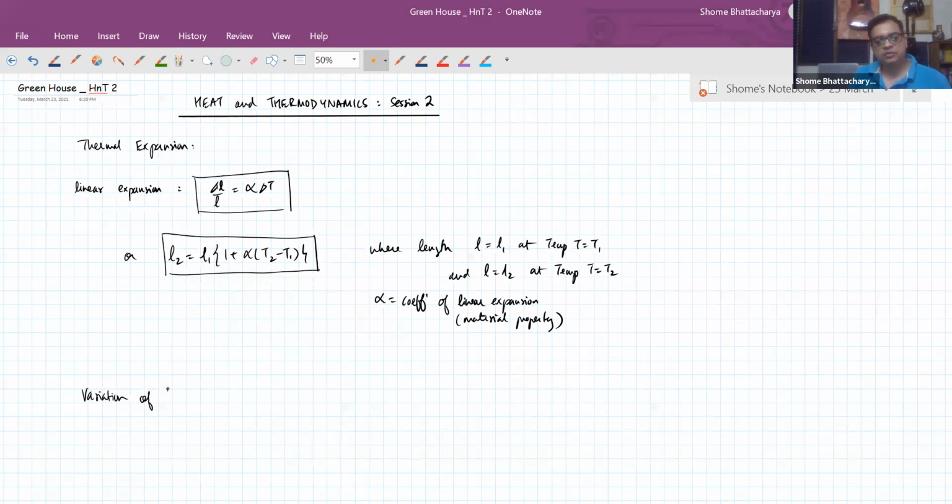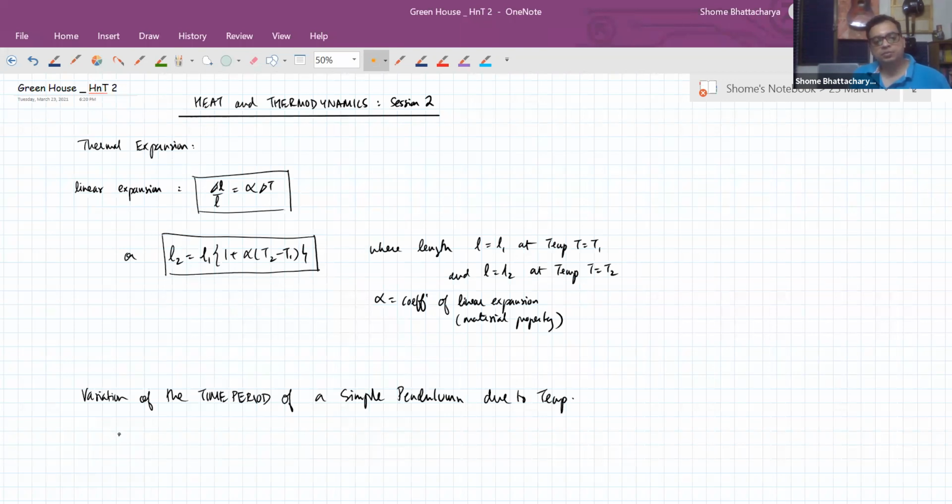Variation of the time period of a simple pendulum due to temperature.